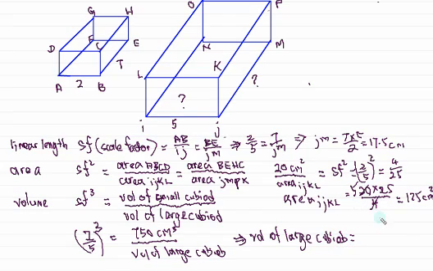what you do is you cross multiply again, but remember this is scale factor cubed. So in other words, if you cross multiply, it is 5 to the power 3 times 750 and then divided by 8.